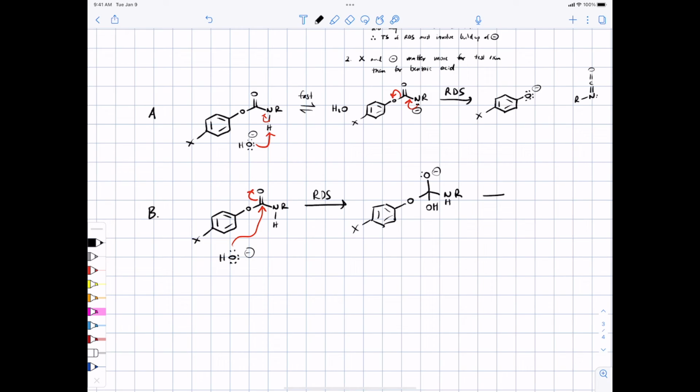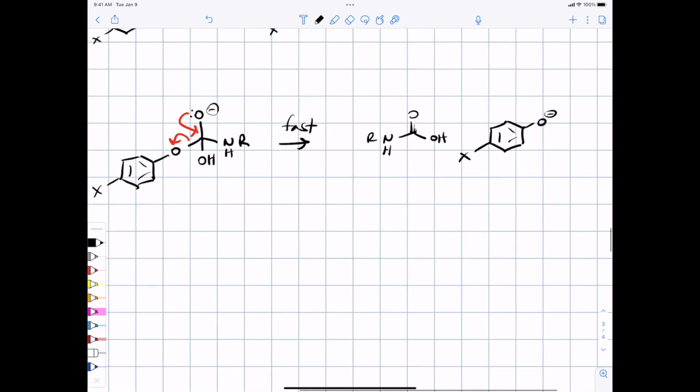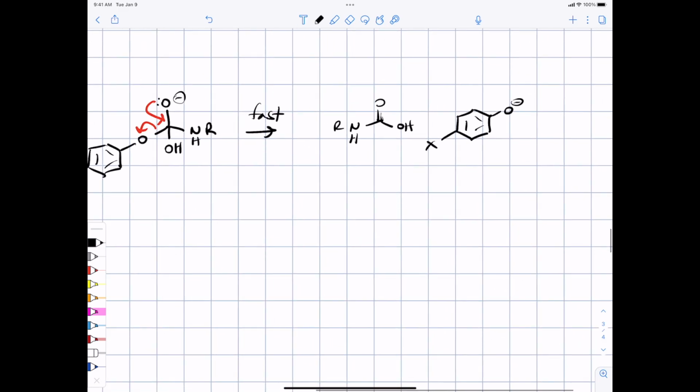And then in a not rate determining step, electrons kick down and that leaving group leaves to give us this weird carbamic acid and our phenolate leaving group, which would then go on to generate our isocyanate product in the next step.